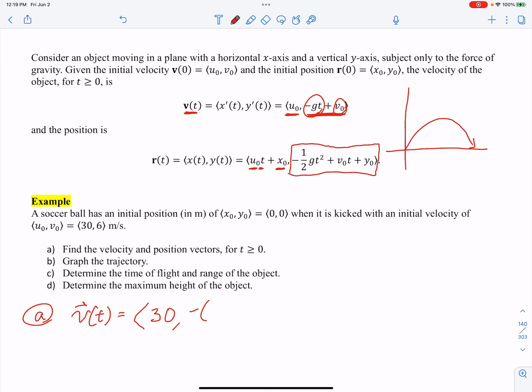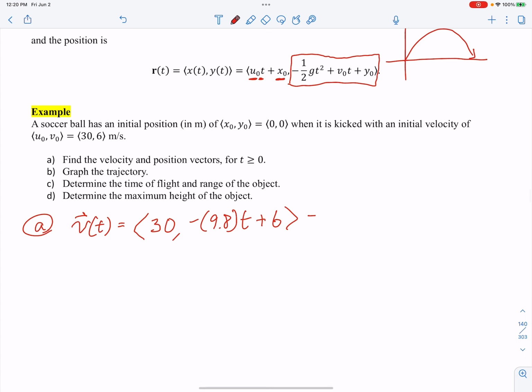Yep, 9.8. I just wanted to double check, that way you engineers didn't give the mathematician a hard time for messing that up. So I plugged in 9.8, and then plus the initial y velocity, which is 6. So the vector-valued function is equal to 30, negative 9.8t plus 6. Okay, there's my velocity. They also wanted position.